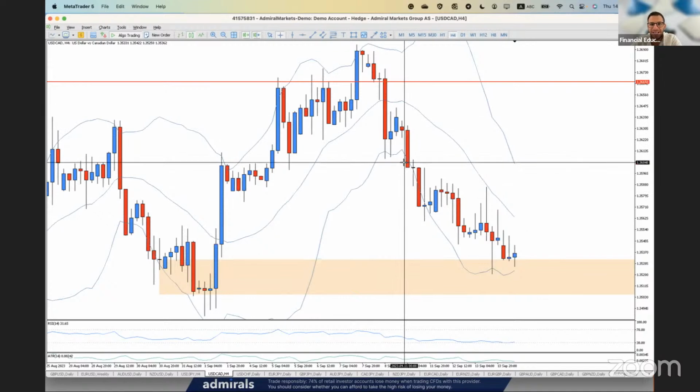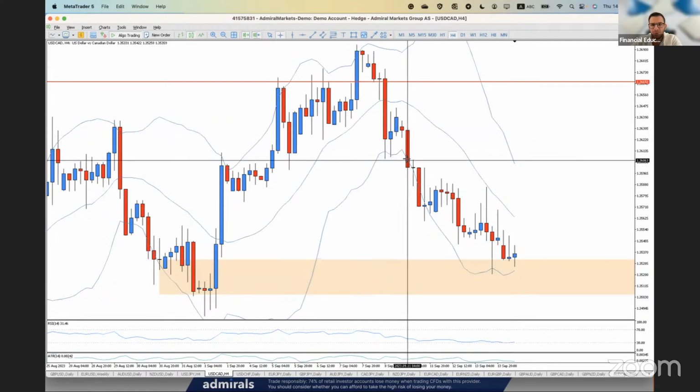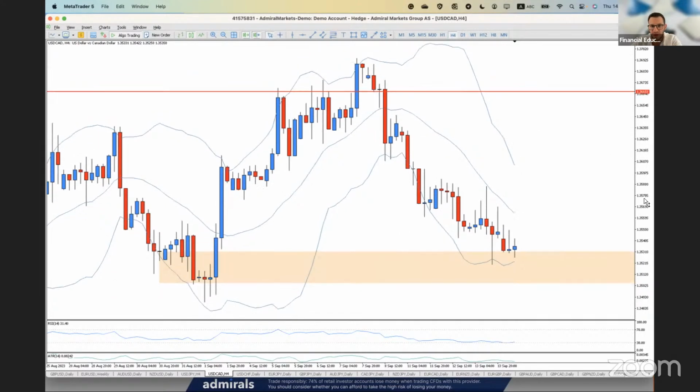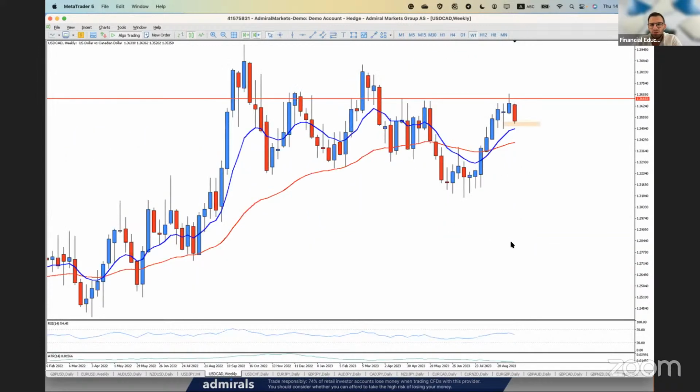And again, that was a good area to participate, but how could we participate if we weren't in front of the chart? So pretty much, if I don't get the move right at the top, then there is a strong support here, as you can see. I wouldn't be interested to enter the market.